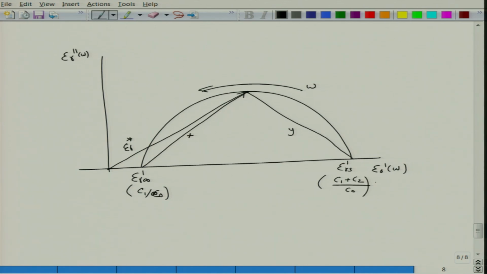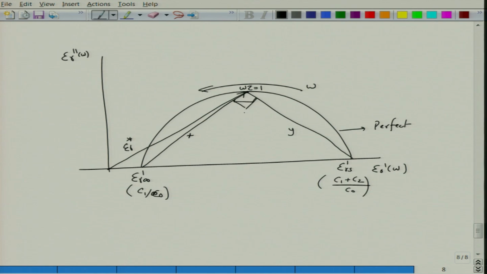So, this would be the case for a perfect dielectric, where you can calculate x's and y's, and at this point omega tau is equal to 1. Essentially you will have x squared plus y squared equal to this squared. This will be a 90-degree angle for a perfect semicircle.